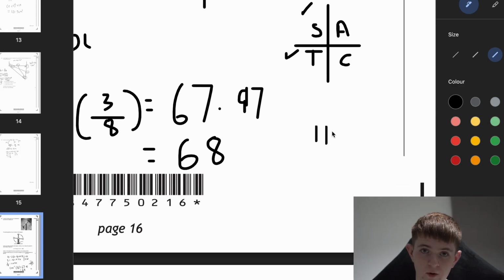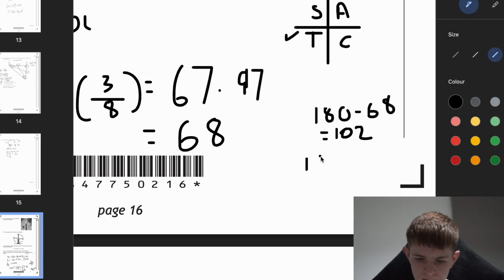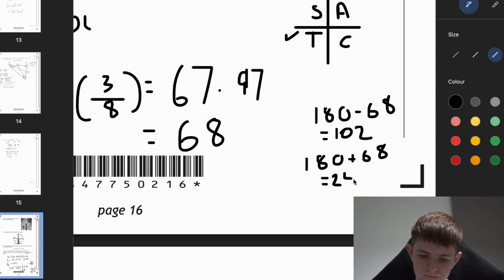So 180 take away x is going to get us 112. Then 180 plus x is going to get us 248. Therefore, our two answers are 112 and 248.